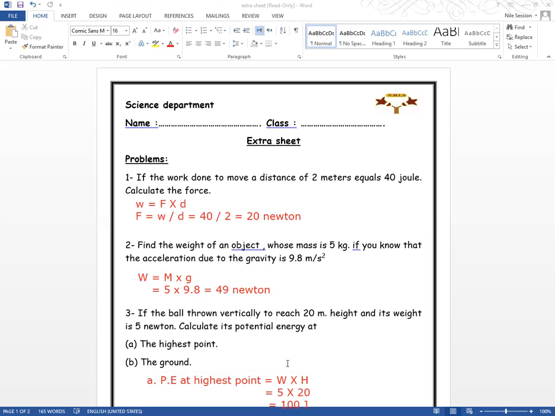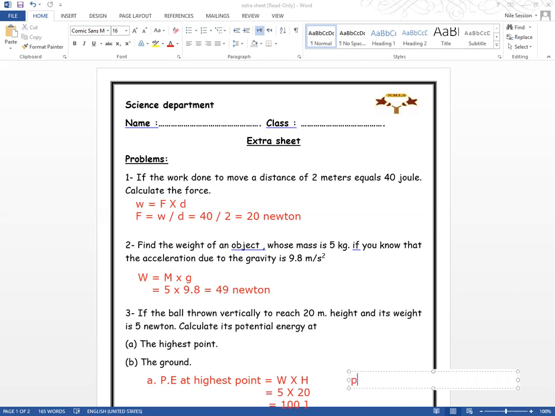Okay, but when it reaches the ground, the potential energy at the ground is equal to 0, because when the pole reaches the ground, all the potential energy is transformed into kinetic energy, so the potential energy reaches the minimum, which is 0.